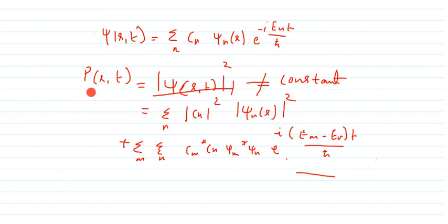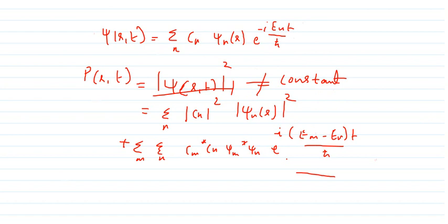In that case, we end up with cross terms that indicate there is a time dependence. So we cannot have the probability being a constant or the stationary state. So that is all about the time independent Schrodinger equation.